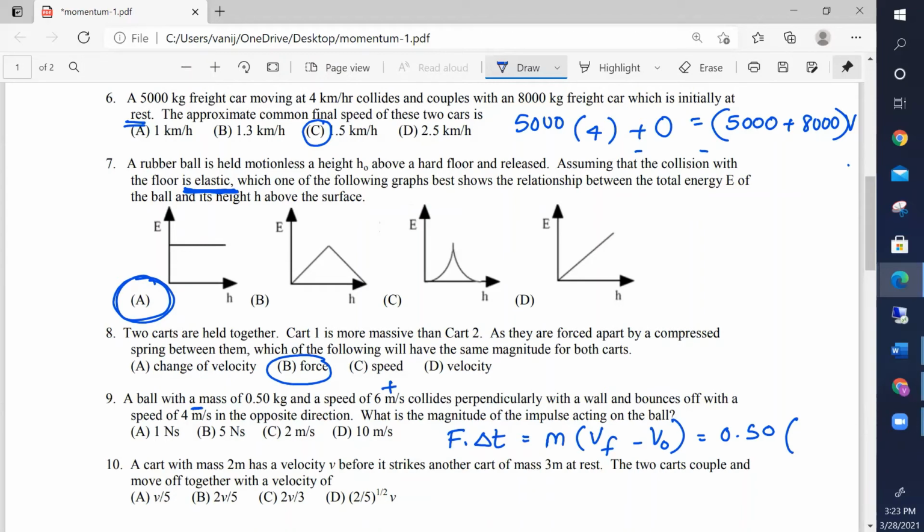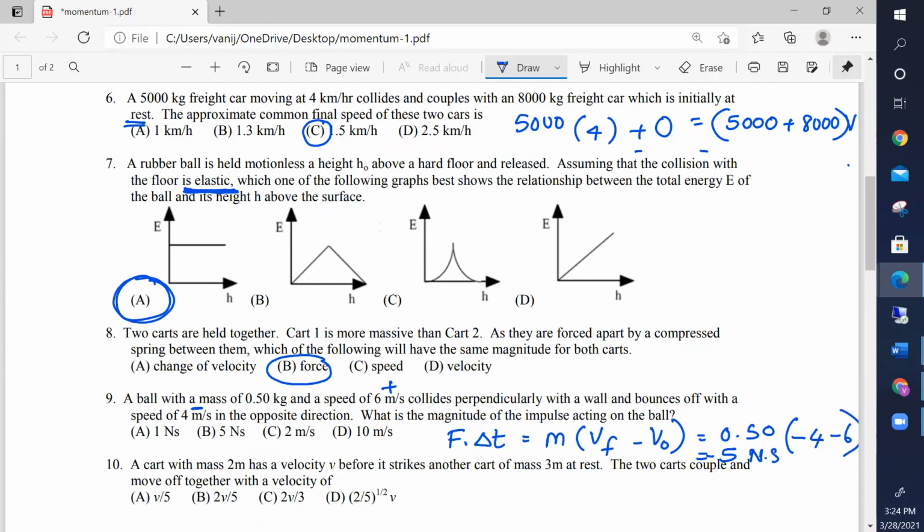So this is going to be negative 4 minus 6. So you're going to end up having negative 10, and negative 10 times 0.5 is going to be negative 5 newton seconds.